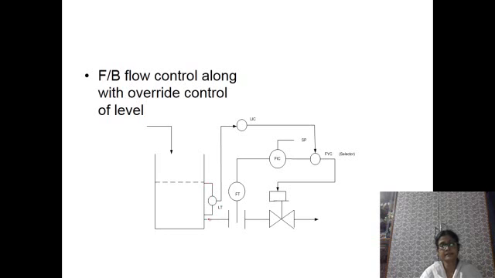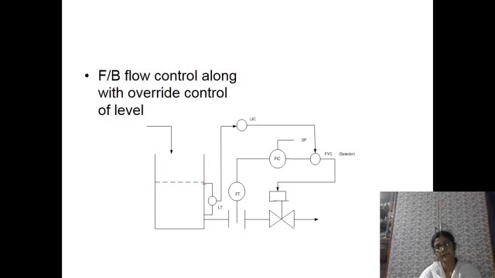Along with that, there is a level measuring system and a level controller, and there is a selector. This is the selector, this is another controller, but this selects that in a particular situation it may choose the flow controller or the level controller depending on requirement.